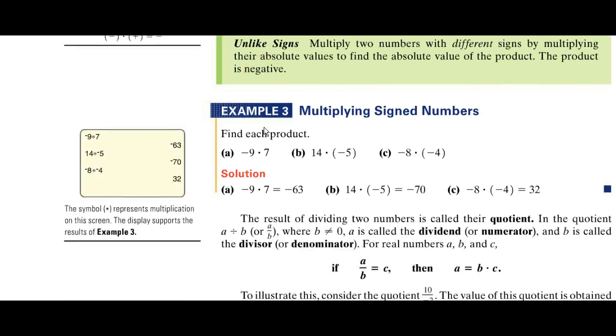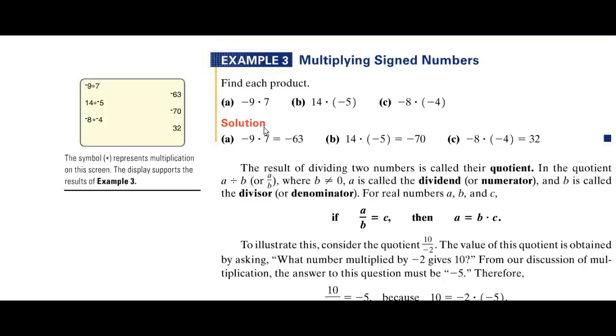So let's do some examples here. As we look at the first one, one of the things I always suggest is, what will the end sign be? Well, unlike signs, this is going to be a negative. Unlike signs, this is going to be a negative.